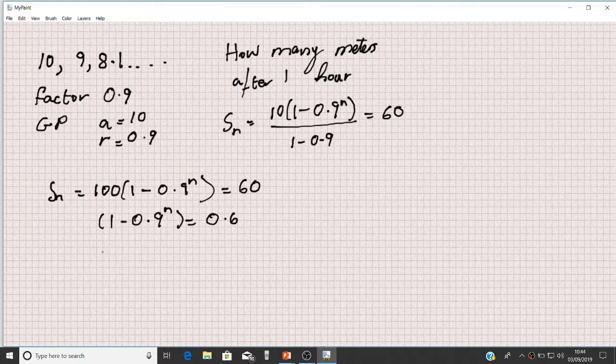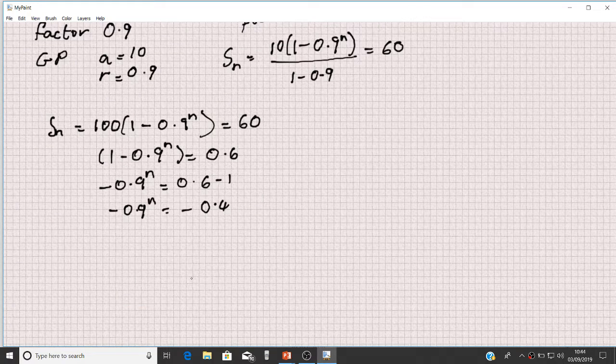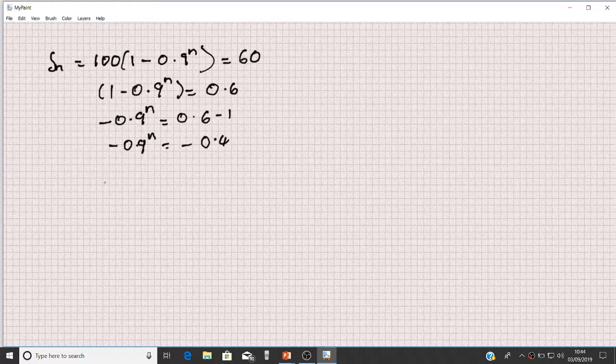And I'm going to have on the left negative 0.9 raised to the power of n equals 0.6 minus 1. So with two negatives, 0.9 raised to the power of n equals 0.4. So I will need to make both sides positive and use ln.